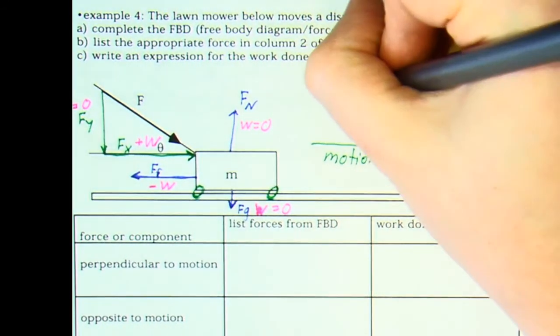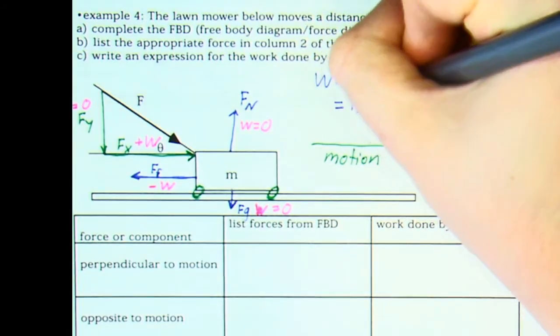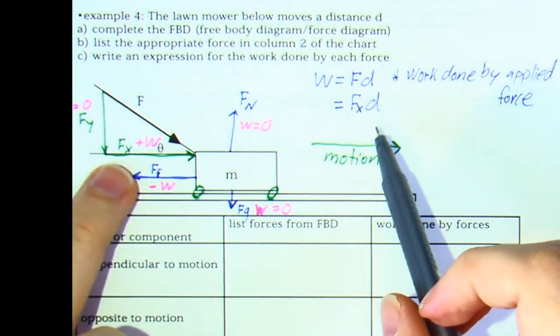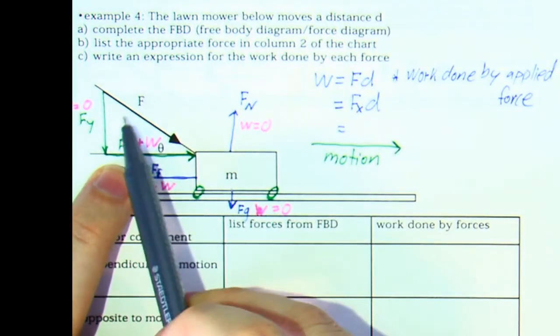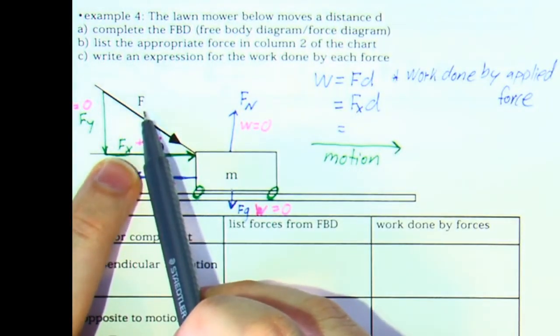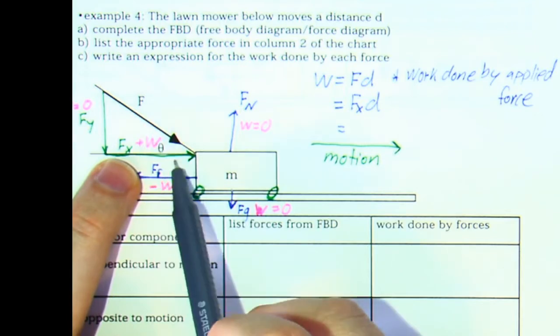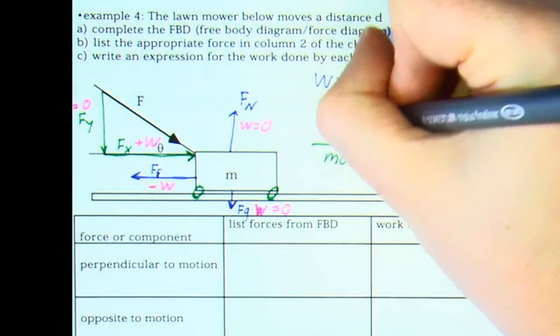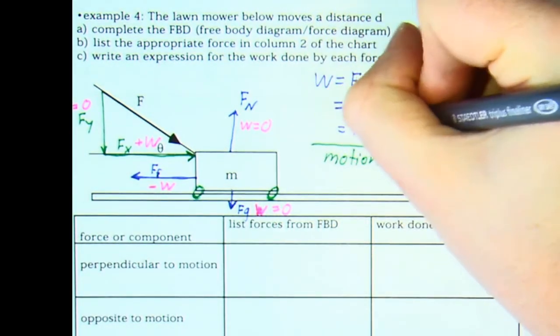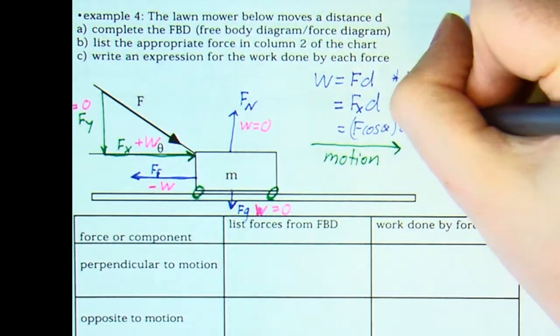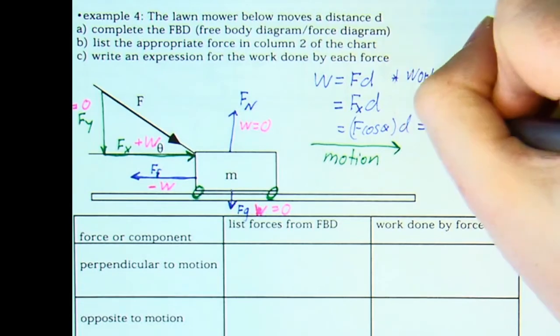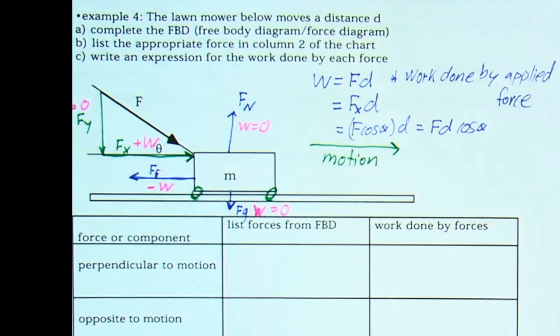So this is going to be Fx times the distance, but Fx is just, if you look at your trig, F cos theta. So then we're going to get F cos theta times d, but that's just Fd cos theta. So now we've got the expression that I gave to you guys right at the beginning of this lesson.